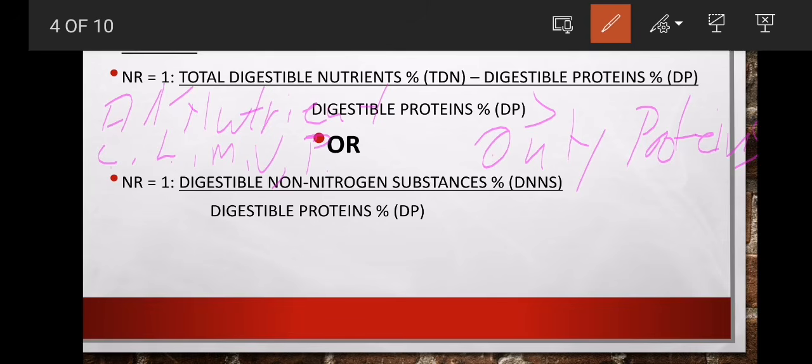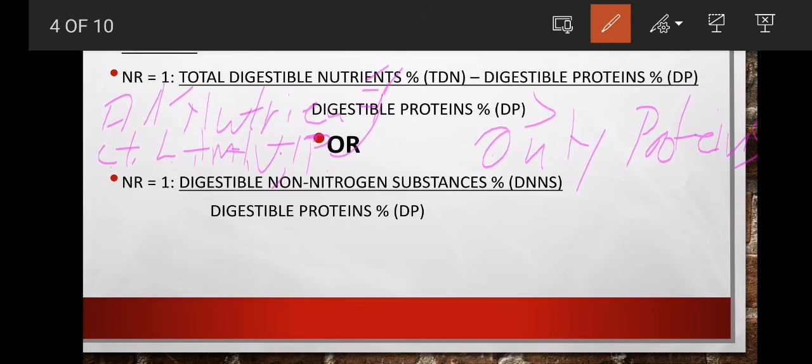Then they say, please calculate the NR, but you don't have the TDN. So what I want you to do, you must add the figure for carbohydrates, the figure for lipids, the figure for minerals, the figure for vitamins and proteins. You add all of them together. Then they will give you the TDN.